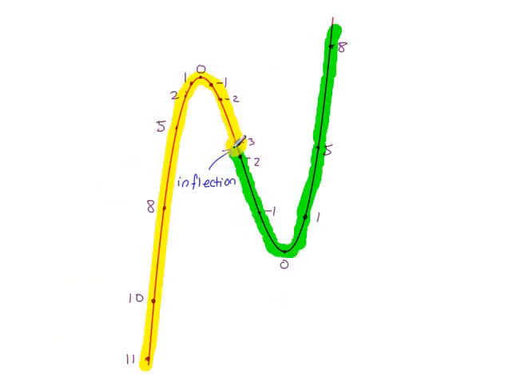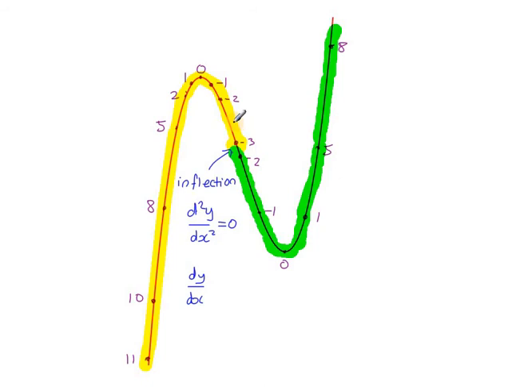Same with this example. With this point of inflection, right at that point, the second derivative d2y by dx squared is equal to 0, and the gradient, so not d2y by dx squared but dy by dx, the actual gradient, has the same sign on either side of the inflection point.